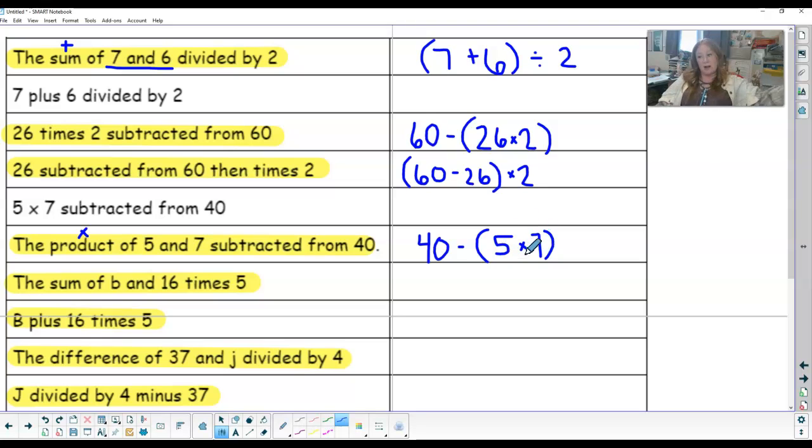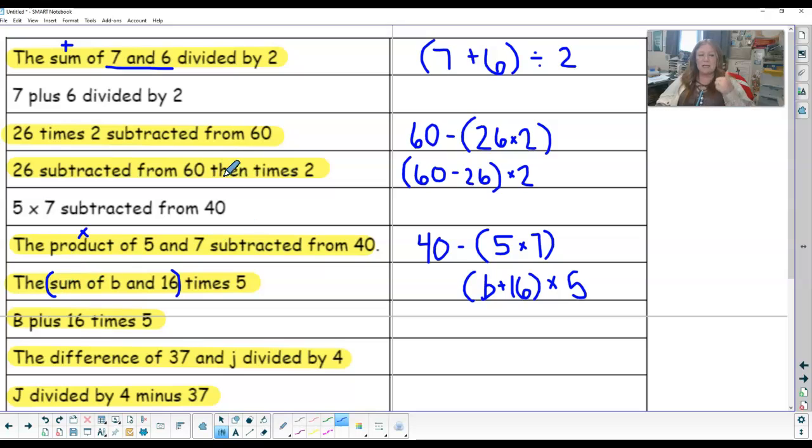Take it away from that, so 40 has to go all the way to the beginning. The sum tells me to add these, the sum of b and 16. So I need to add those first, b and 16. Then I'll times it by 5. That's a very good times sign.